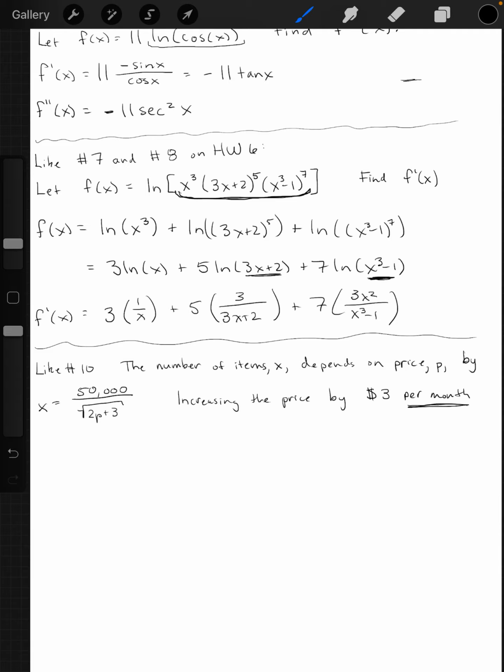So we have x is some function of t, p is some function of t, and specifically we know that dp/dt, the derivative with respect to t, is 3. Increasing means it's changing over time, and it's changing by 3 exactly.